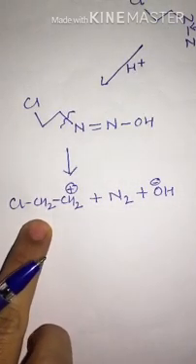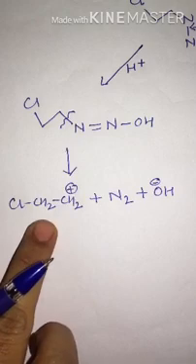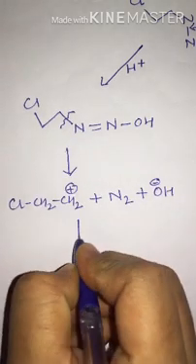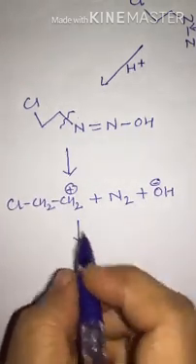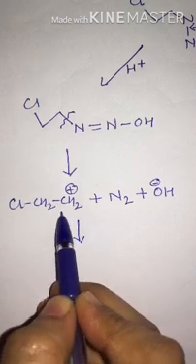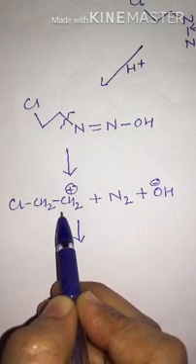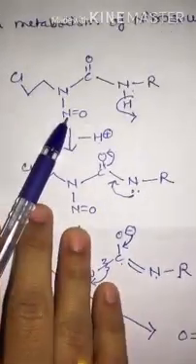This chloroethyl cation now attacks. This is an alkyl group or an electrophile generated by nitrosourea.